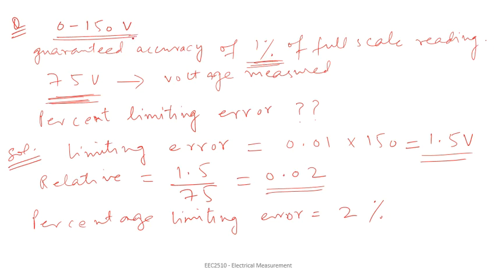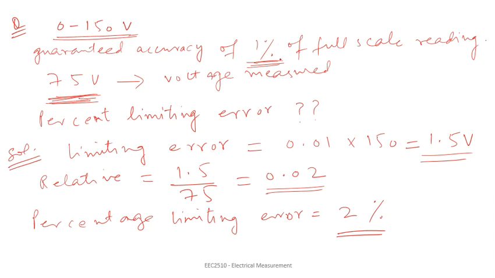But when the meter reads 75 volt, which is half the full scale value, the error becomes 2%, that is twice that at the full scale deflection.